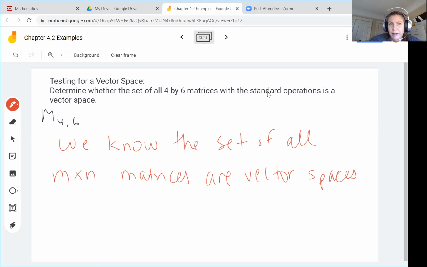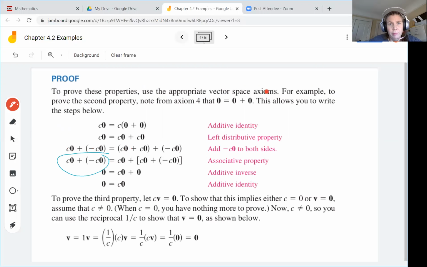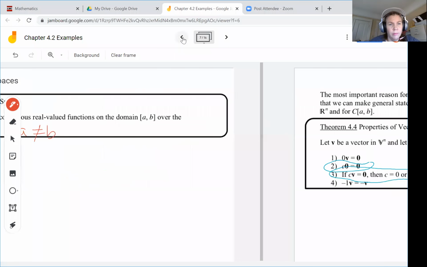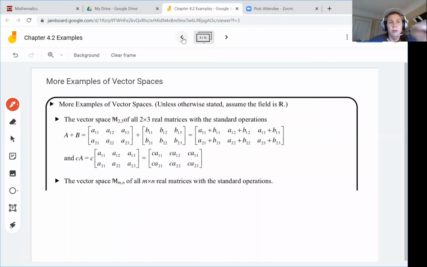And we saw an example previously here. So we showed that the set of all 2x3 real matrices is a vector space with the standard operations.